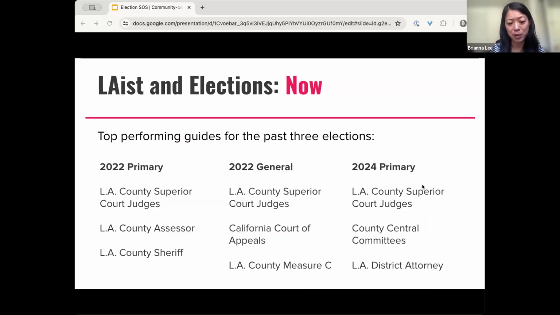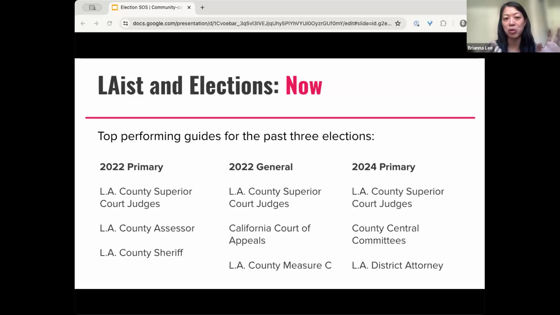Here's a look at our top performing guides for the past 3 elections. You'll see that what we originally thought of as the high priority races, district attorney, LA County sheriff, are still on there. But year to year, LA County Superior Court judges is always our top performing guide. A lot of people ask about judges. And you'll also see other races that nobody talks about, like LA County Assessor, County Central Committees.